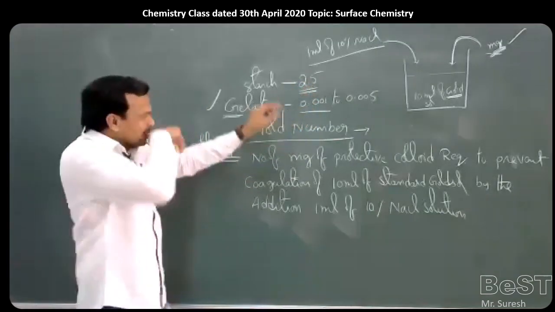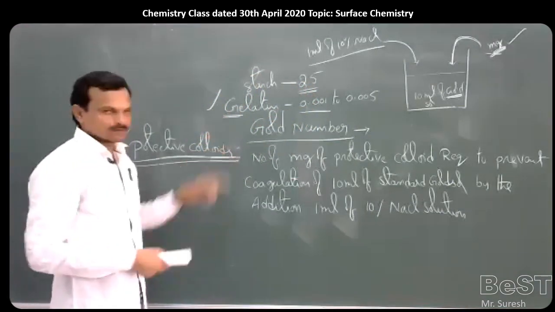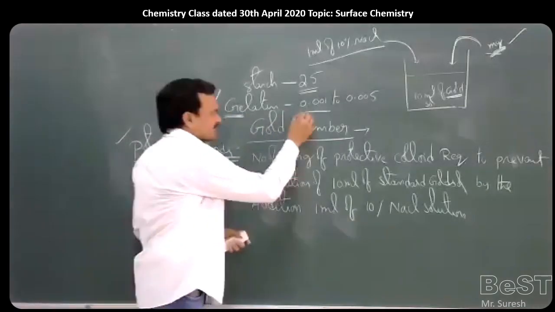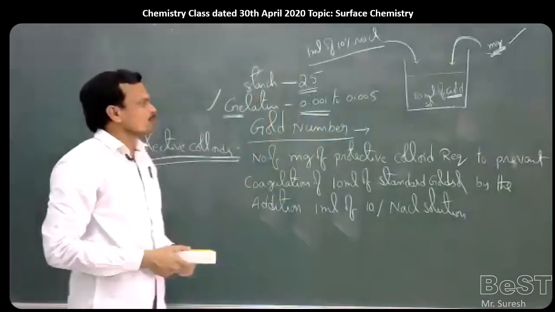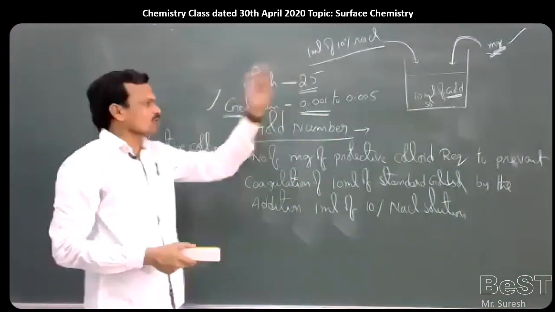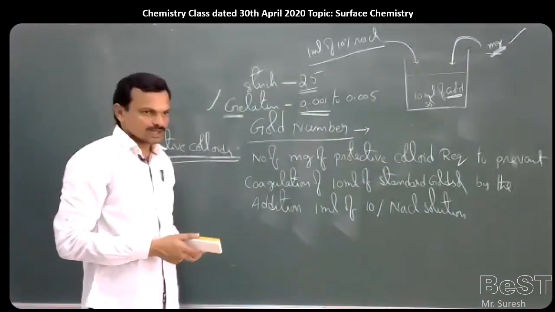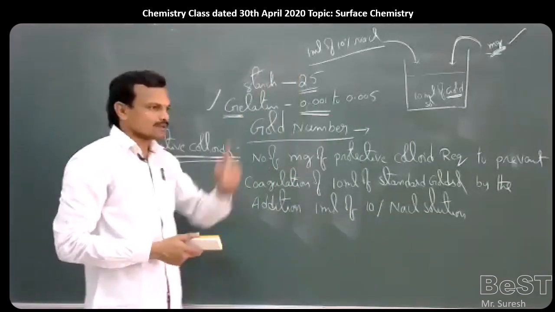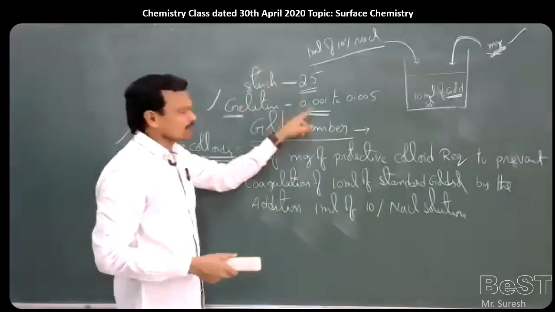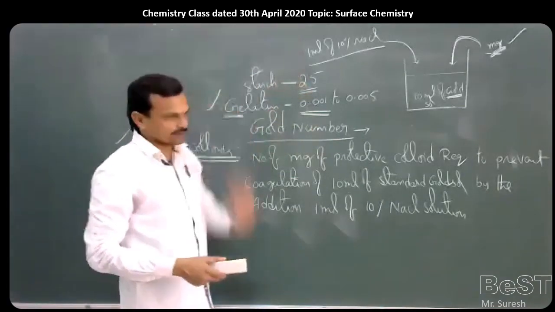Just like what we discussed earlier about coagulation power, lesser the flocculation value, greater the coagulation power. Similarly, lesser the gold number, greater is the protective power.